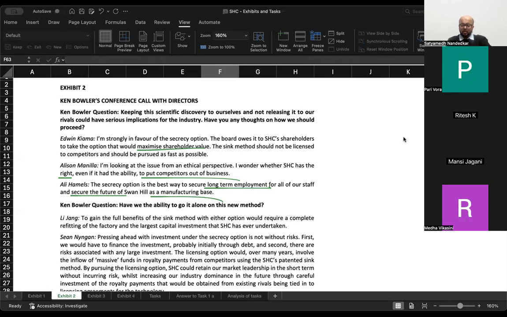Now let's talk about whether it is fair or not. Here they have mentioned that the secrecy option is the best way to secure long-term employment for all our staff and secure the future of Swanhill as a manufacturing base. Is it fair?